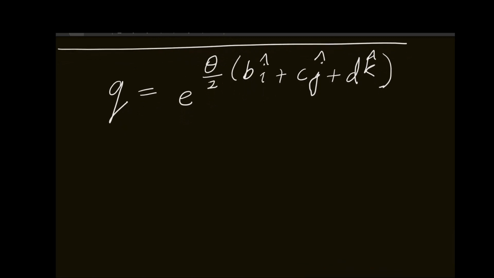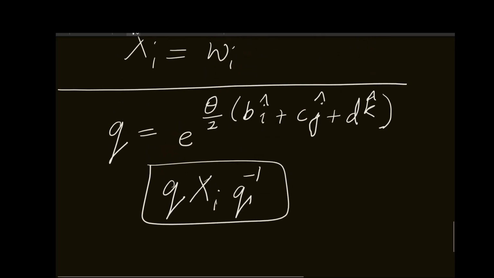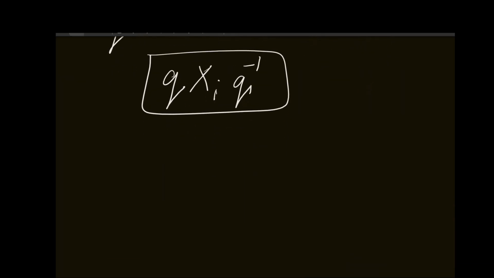So, a mapping of the form: if x is the observation vector and q is a pure quaternion, then q x q inverse represents a rotation by an angle of theta. In our paper, we use this notation and procedure for convenience.